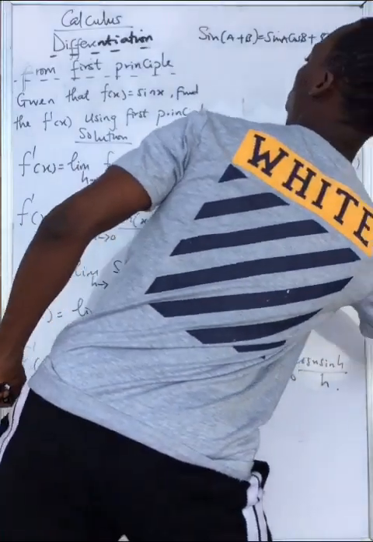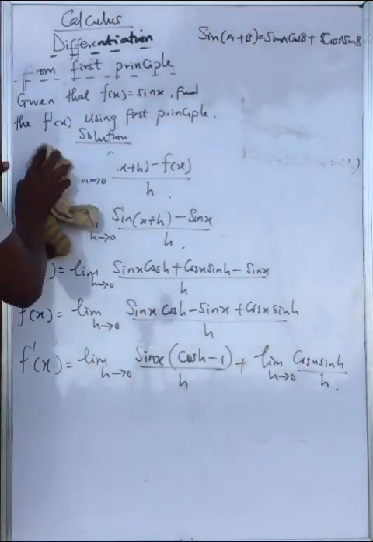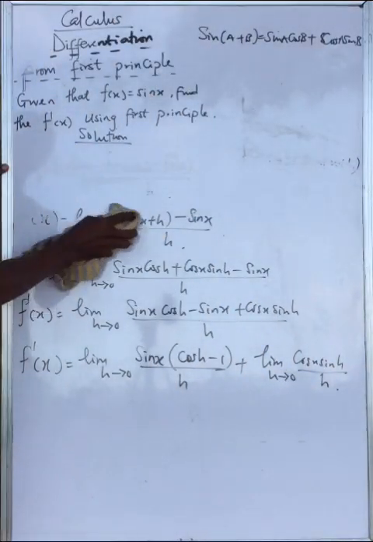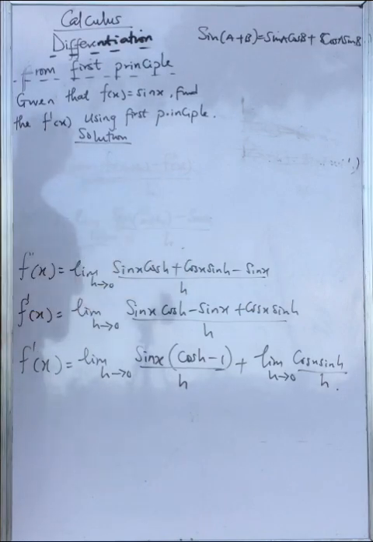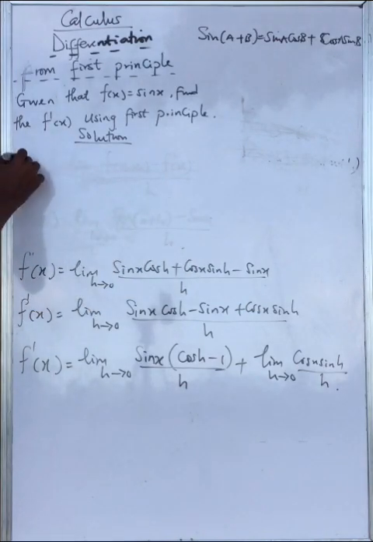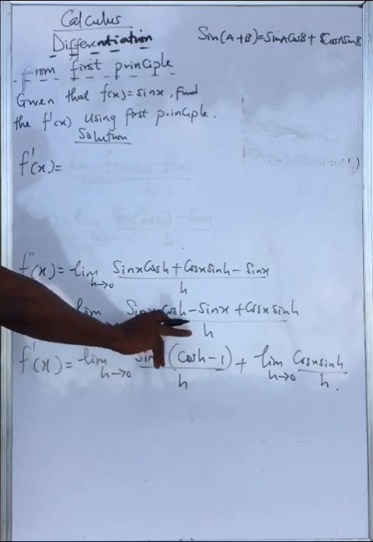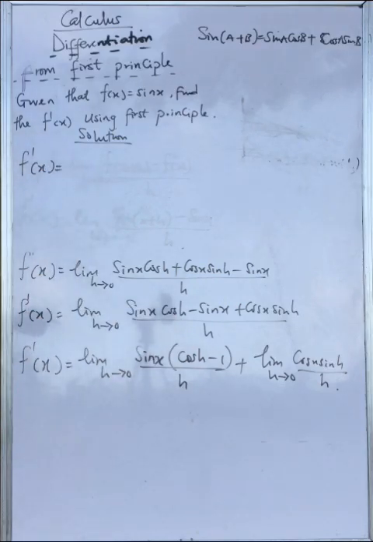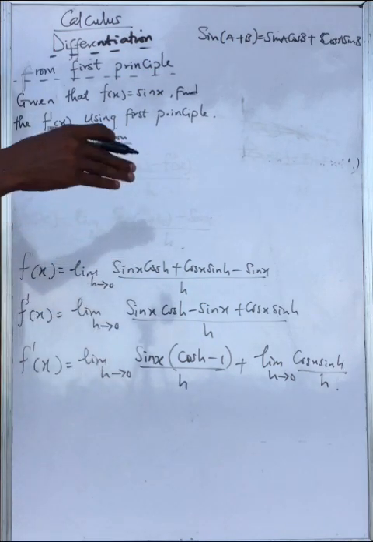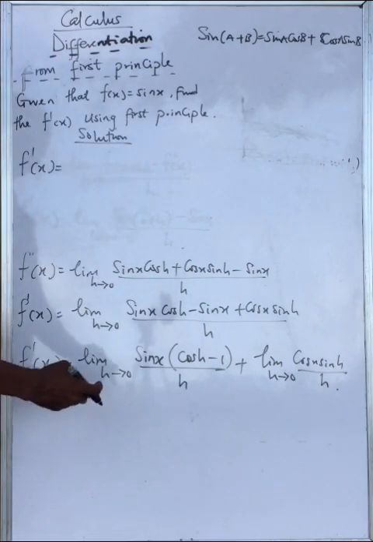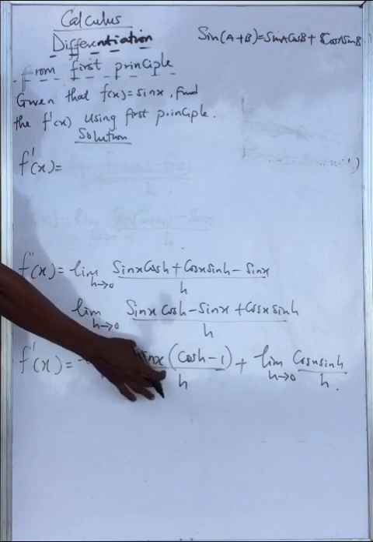So having known this one, the next thing to do is, looking at this, we'll realize that the f prime of x here is going to be, now look at this particular thing here. There are some rules that limits take.